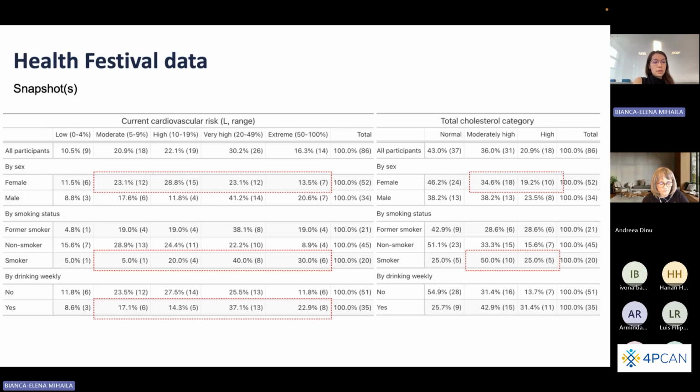As you can see, nearly half of the participants fall into high or very high cardiovascular risk categories, and about 1 in 5 already show high cholesterol, but the good news is that these risk factors are modifiable, and we already see some protective behaviors.